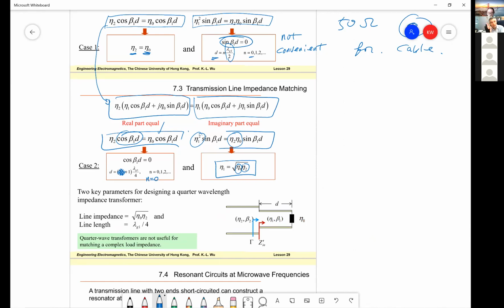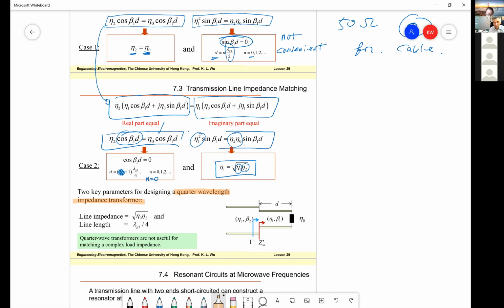Okay, so this is very, very useful. If you don't know anything about impedance matching for RF circuits, you should know the quarter wavelength transformer. So we summarize the quarter wavelength impedance transformer.